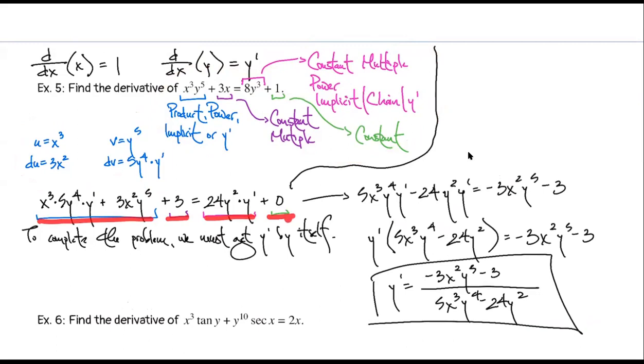And then the calculus part was done. To complete the problem, we just had to get y prime by itself, and that was a lot of algebra. So we clustered all the things with y prime on one side so we could factor it out. And then we were able to divide by that chunk inside the parentheses to get y prime by itself.